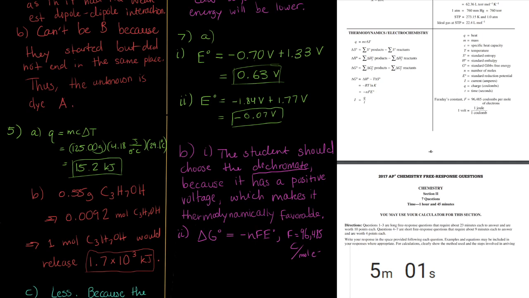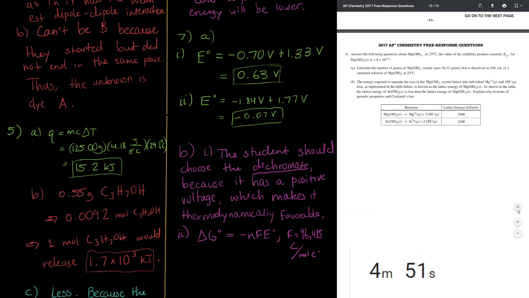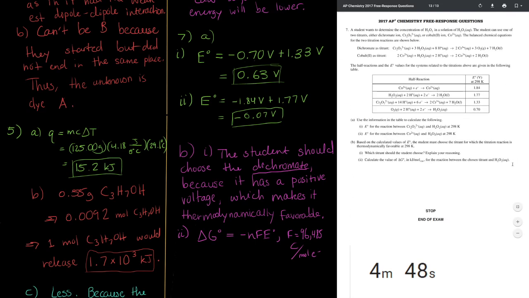I don't really understand how we have a number of moles in this situation. How does one have moles when it does not tell you how many moles there are? This does not make sense to me. Per mole of reaction. Okay.